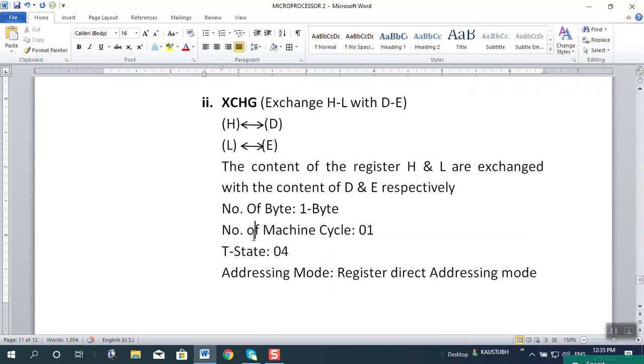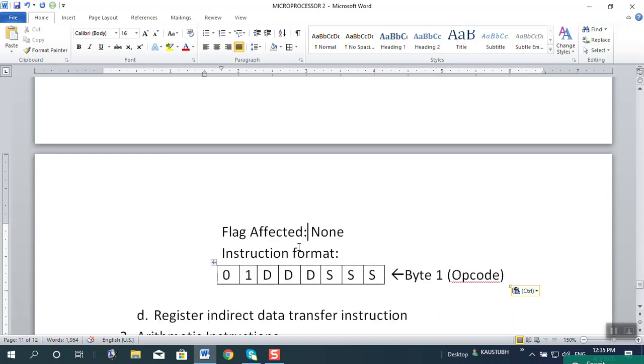Machine cycle here is 1, T states is 4, addressing mode register direct, flag is none, and in the instruction format it is 1 1 1 0, then 1 0 1 1. So therefore the output here is EB, this is only one instruction.